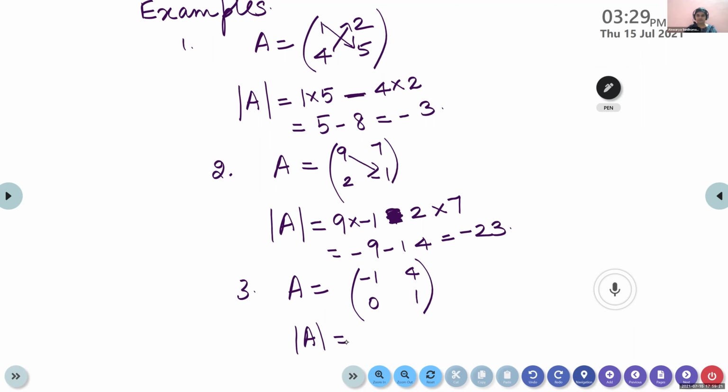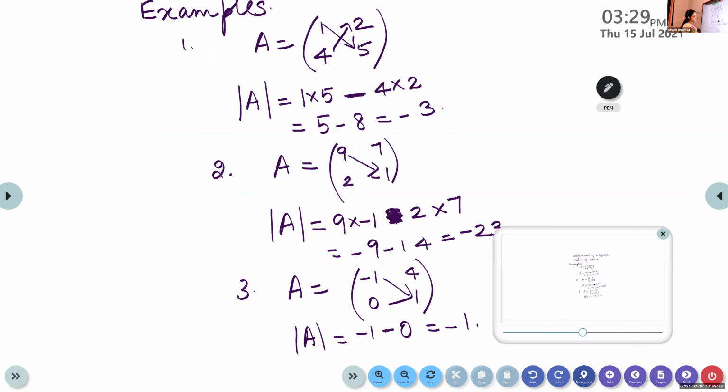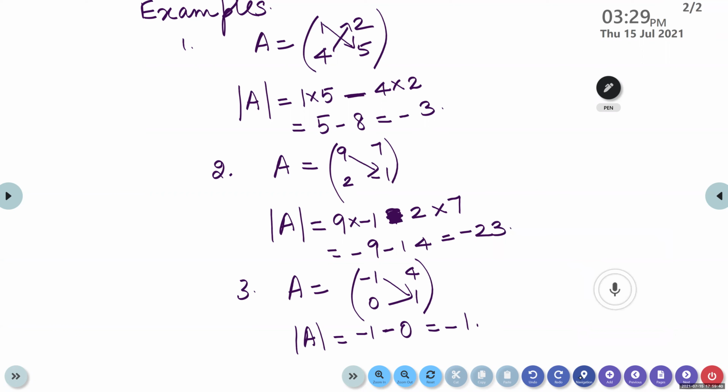That's minus 1. These two we will multiply. So which is minus 1. Okay. See, children, you copied all those things. These 3 examples, is it over? Yes, ma'am.